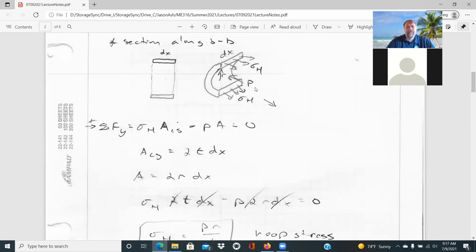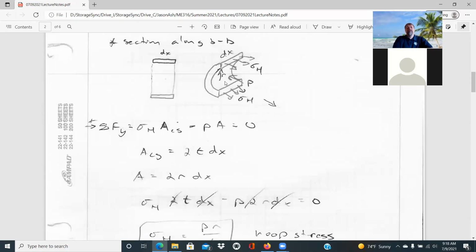And so that should be a pressure times the area. I have it down in the equation here. But if we're summing forces, say this is in the y direction, now we'd have the sigma hoop times the cross-sectional area of the top and bottom sections minus the pressure times the area would be equal to 0.